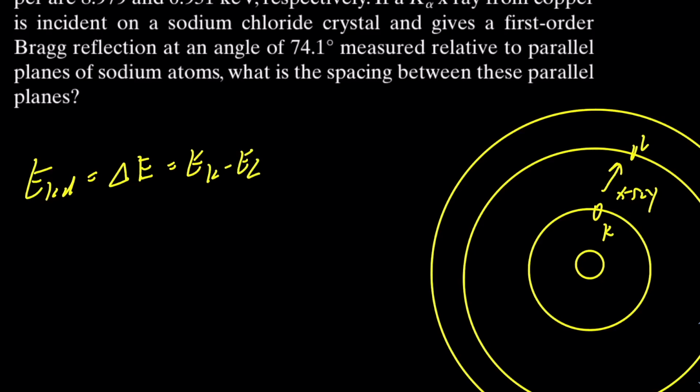An alternative representation can also be written in this manner: hc over lambda equals delta E.